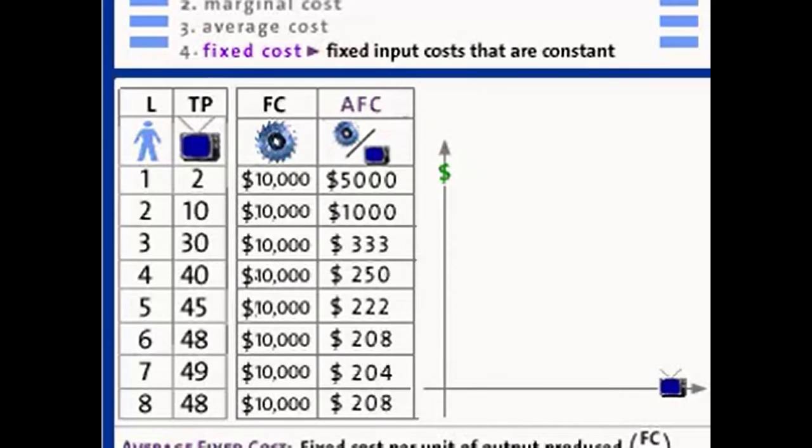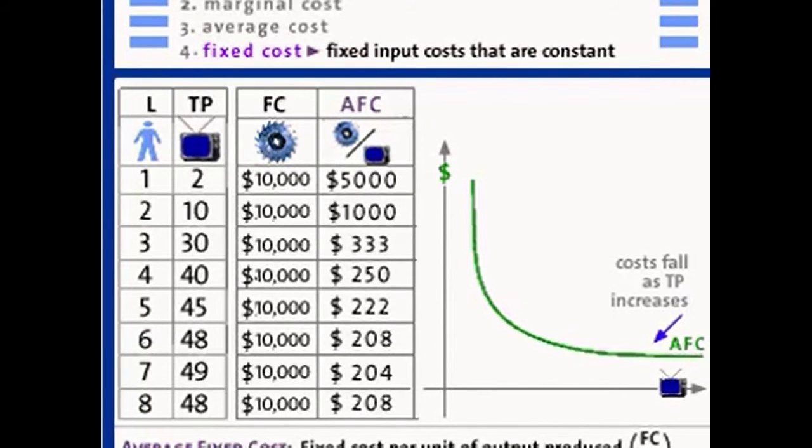But the more television sets you produce, the more the average fixed cost is going to get closer and closer to 0. So I can label this curve average fixed cost. It's very high when you're not producing many television sets. It then shrinks, and the more television sets you produce, the smaller it gets. This is spreading your overhead out over more and more television sets.